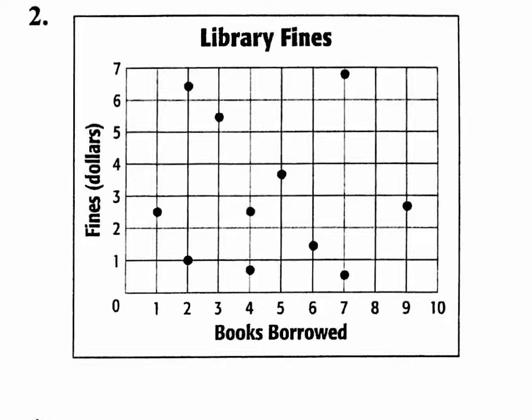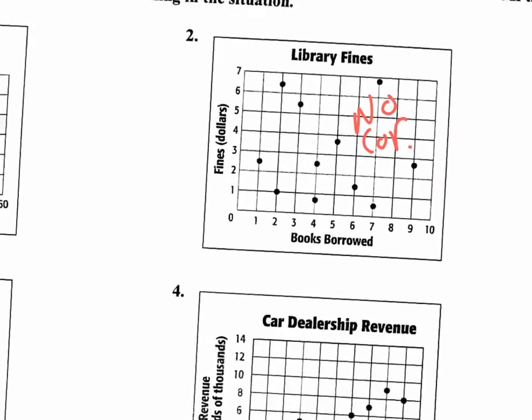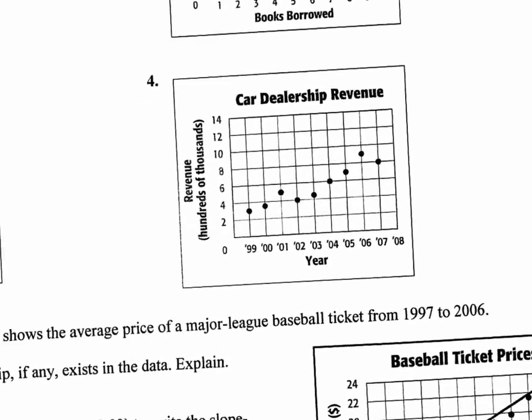There is no correlation. You can't say, oh, the more books you check out, the more fines you get. That's not the case here. It's not positive correlation. It's not negative correlation. These dots are all over the place, so there's no correlation. So that's what you would say, no correlation, and you can't conclude anything. There's only like one or two of these, but it's really easy.